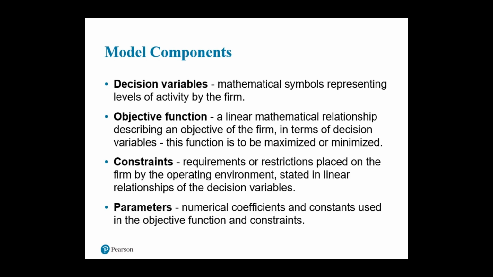Then there are constraints. Resources are not in abundant supply to the firm. So when the firm is maximizing or minimizing, it faces some constraints. For instance, the maize farmer does not have the whole world to himself as his farmland.